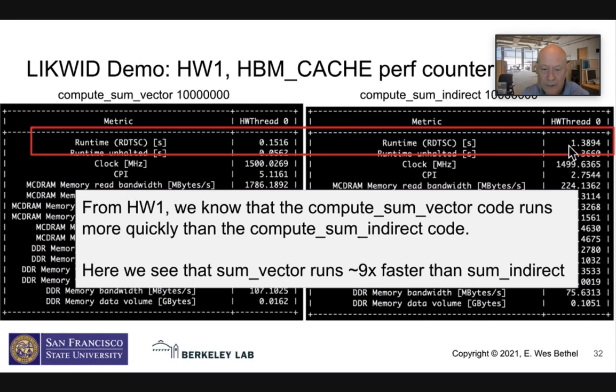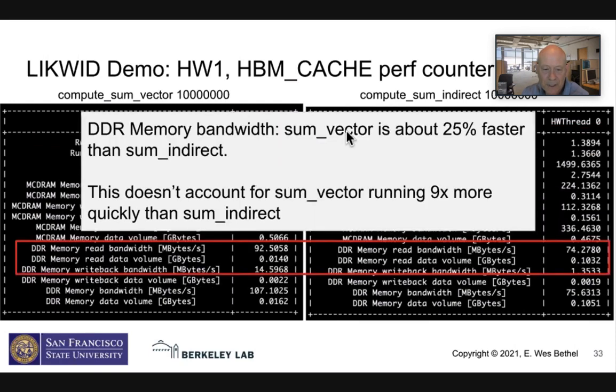Okay. So, here we see that the vector sum runs about 9 times faster than the indirect sum, just looking at the time. And FYI, the timing information that my program prints out using ChronoTimer is about the same. So let's look at DDR memory bandwidth.